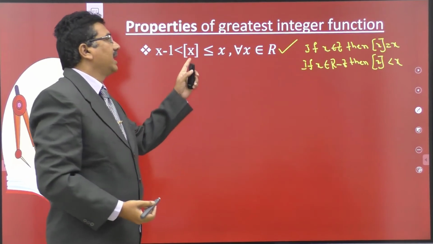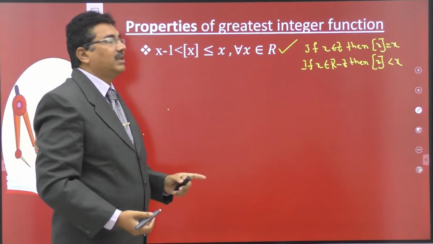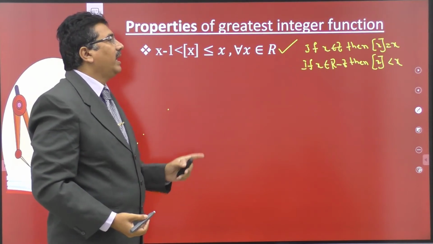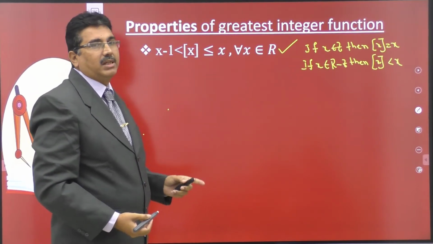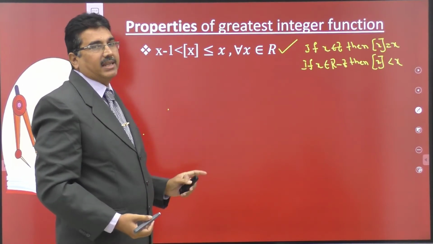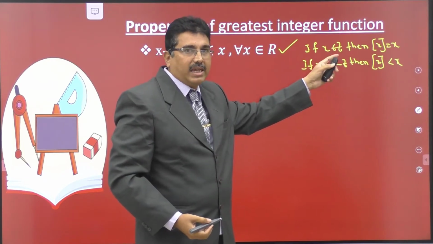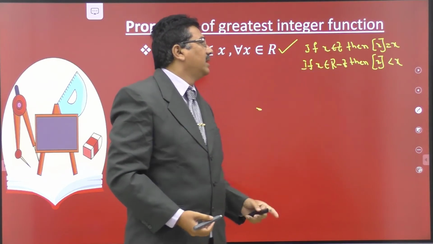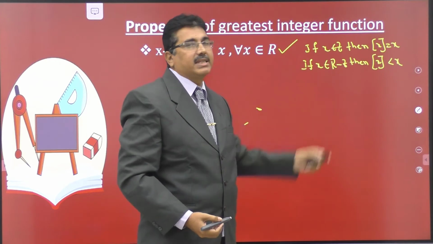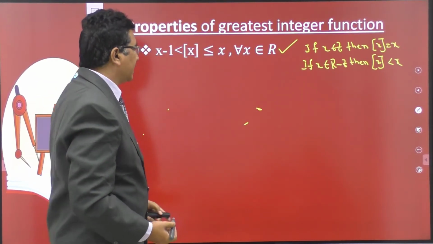Right? Box x is less than or equal to x for all x belonging to R. R can be divided into two parts: integers and non-integers. If x is an integer, then box x is equal to x. If x is a non-integer, then box x is less than x.